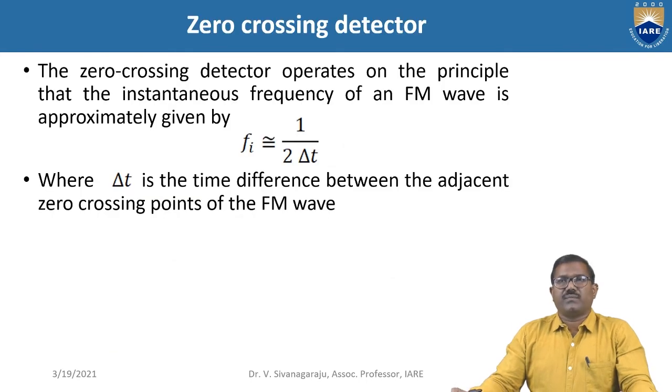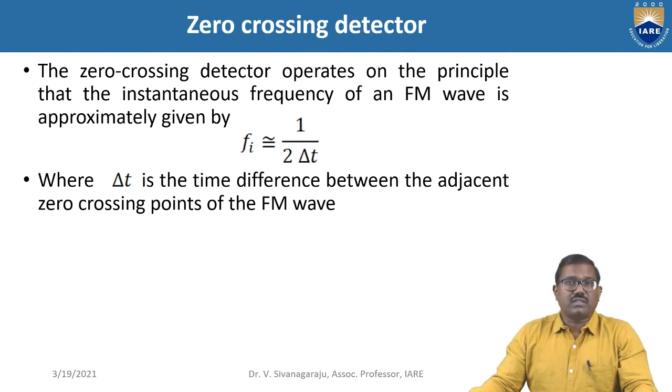And another one is the zero crossing detector. The zero crossing detector operates on the principle that the instantaneous frequency of an FM wave is approximately given by Fi approximately equal to 1 by 2 delta t, where delta t is the time difference between the adjacent zero crossing points of the FM wave.